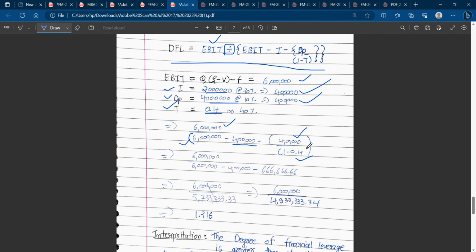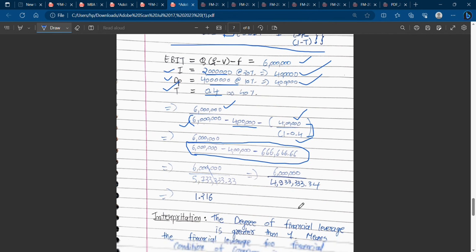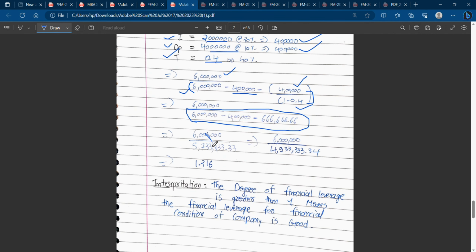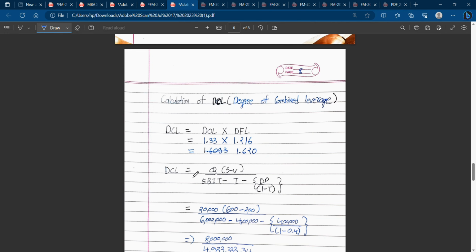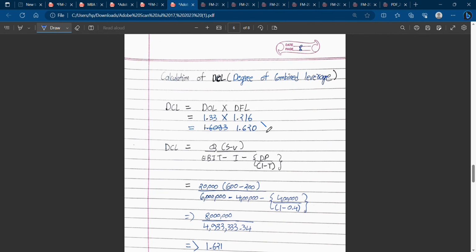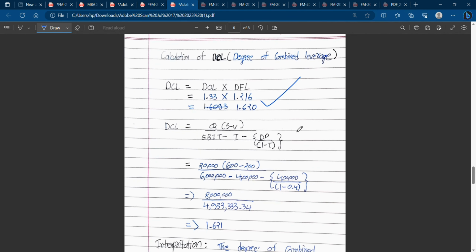We calculate this, then subtract it from 6 lakh. After dividing, we get 1.216. So our financial leverage is also good. Let's calculate combined leverage. We can simply calculate it by multiplying both, or we can also put in the values. We will get the answer.